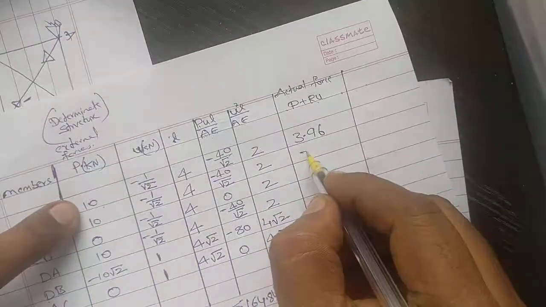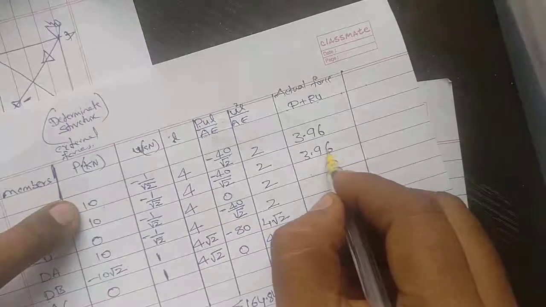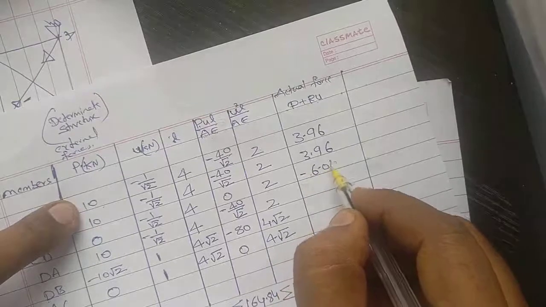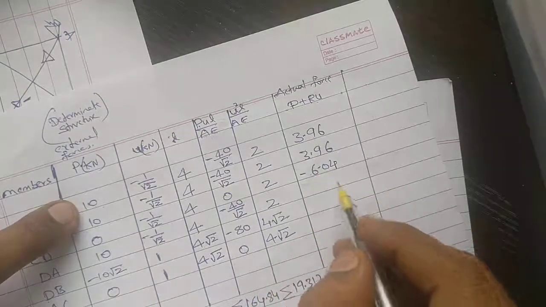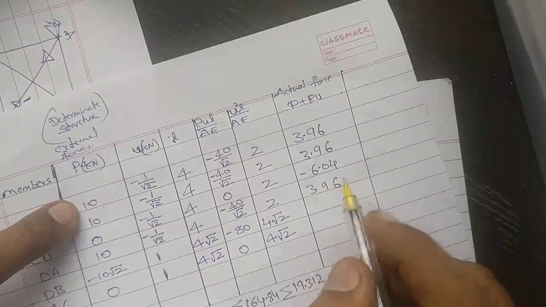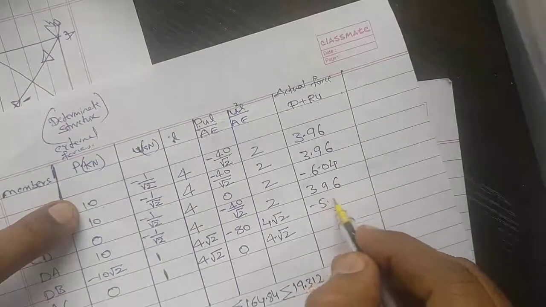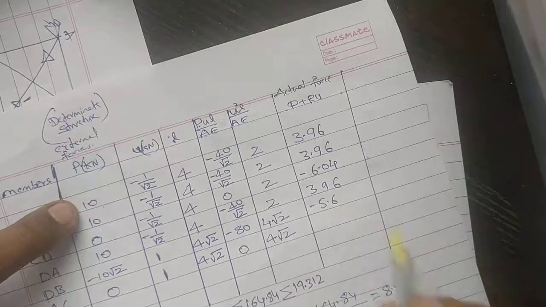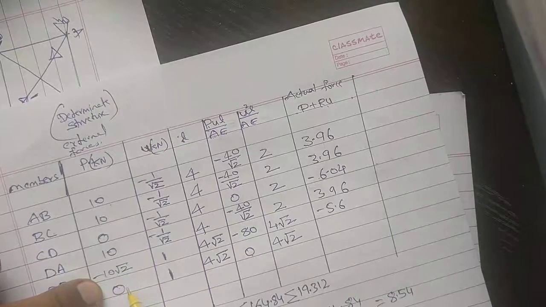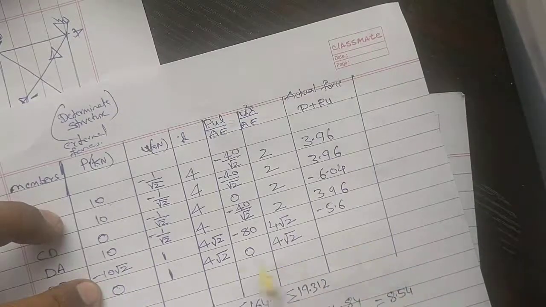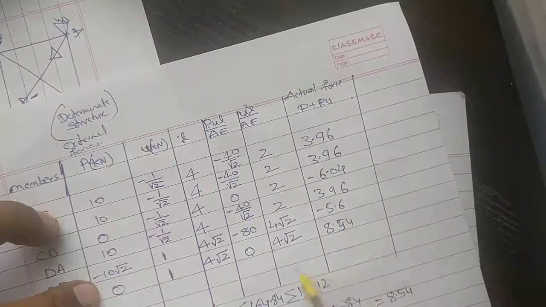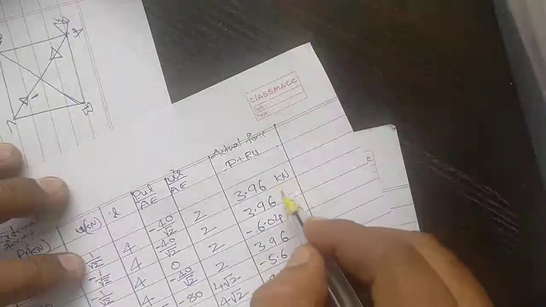Here also we get 3.96. 8 minus 6.04, and we get 3.96 again, minus 5.6. See here, P is 0 here, and multiplying with 8.54, we get 8.54. These are all in kilonewton.